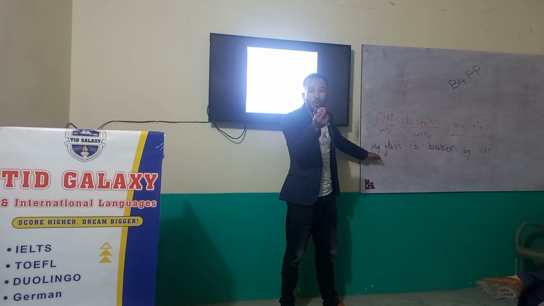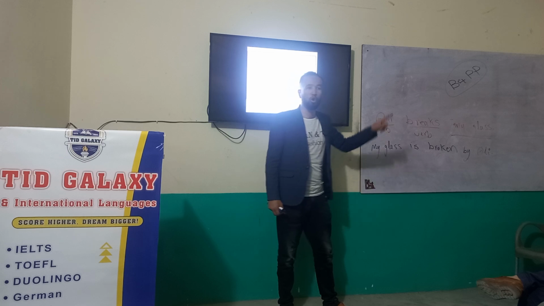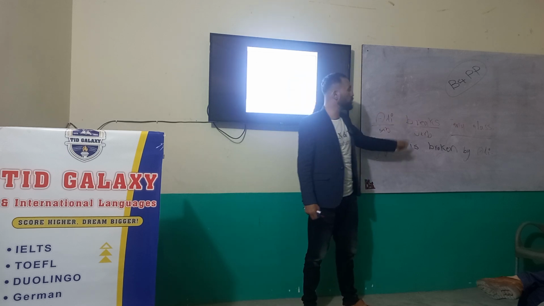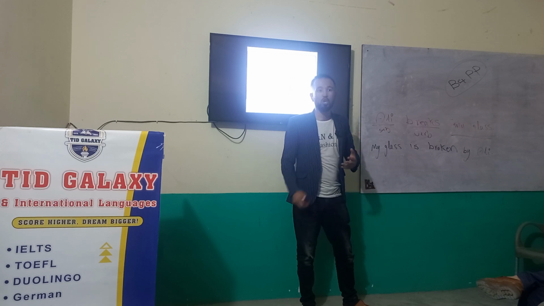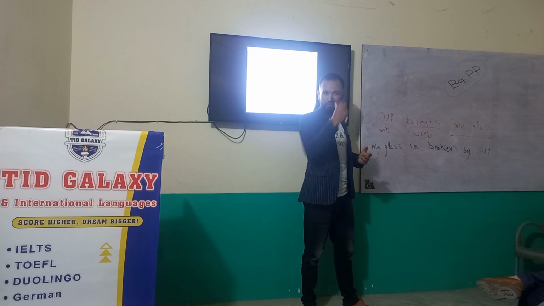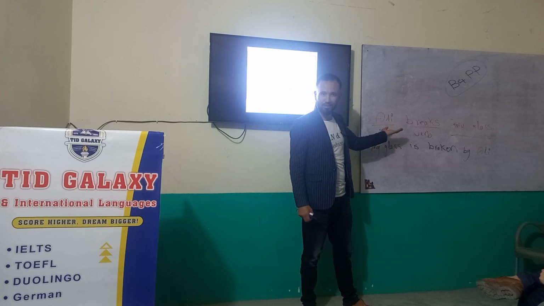After that, what should you do? You should identify which tense it is. According to the tense, you should use the conjugated form of the to be verb. Which tense is it? Simple present tense.